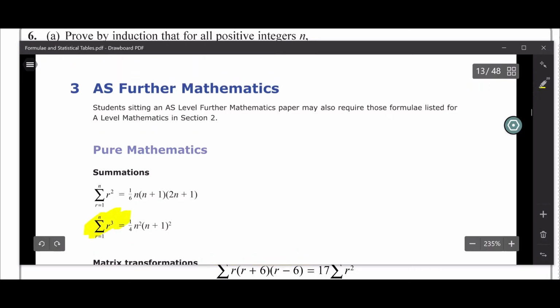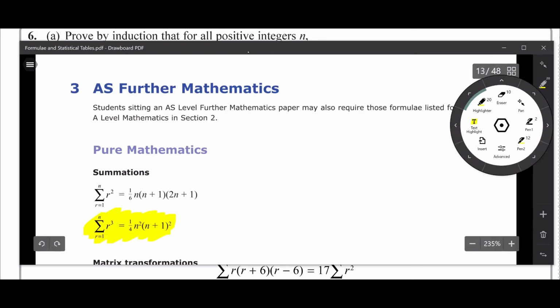And if I write this down over here, the sum from r equals 1 to n of r is equal to 1/2 n lots of n plus 1. That's a standard result, which you should know. So we will also be using this over here.